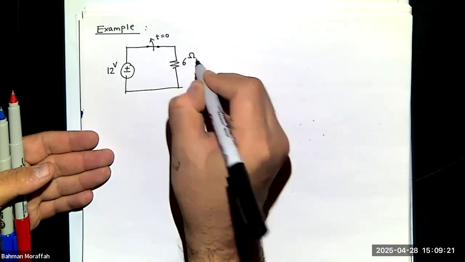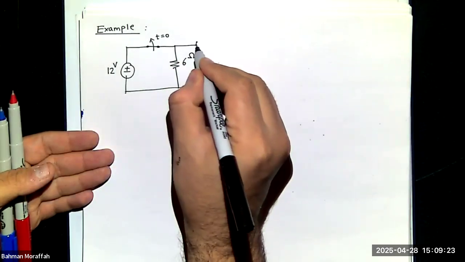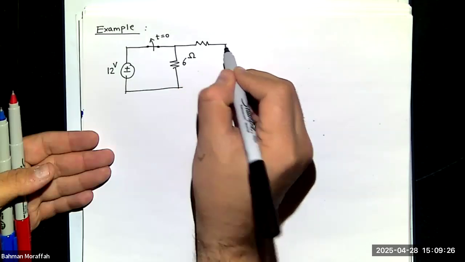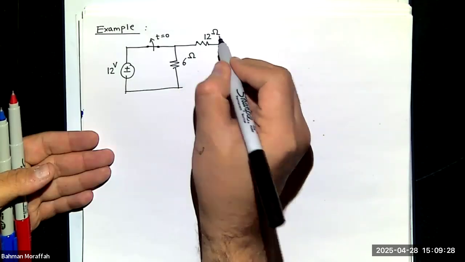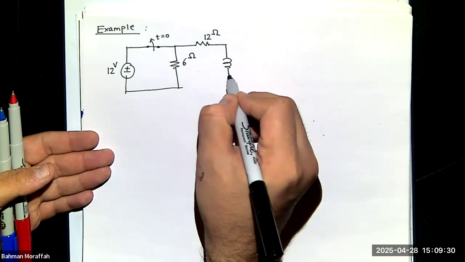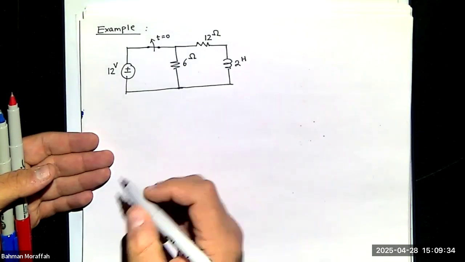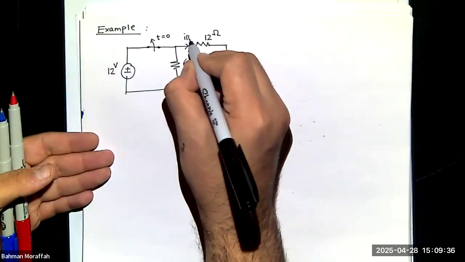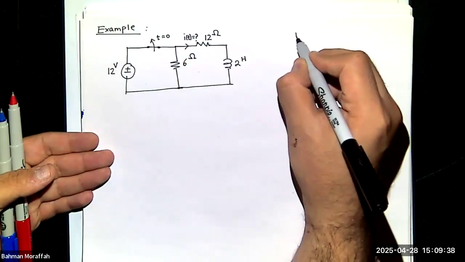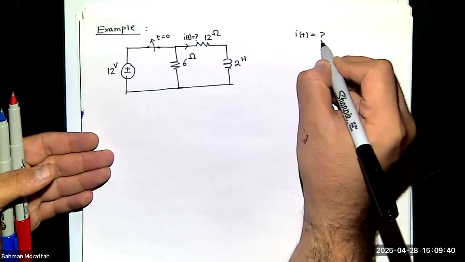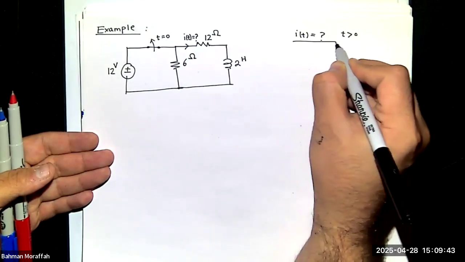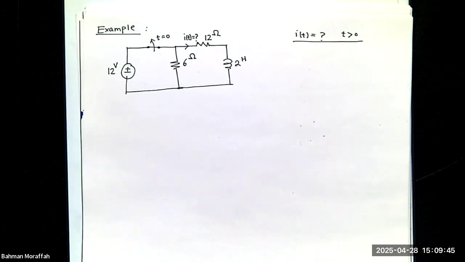I have a 6 ohms resistance followed by a 12 ohms resistance and a 2 Henry inductor. The question is, what is this i(t) for times greater than 0?